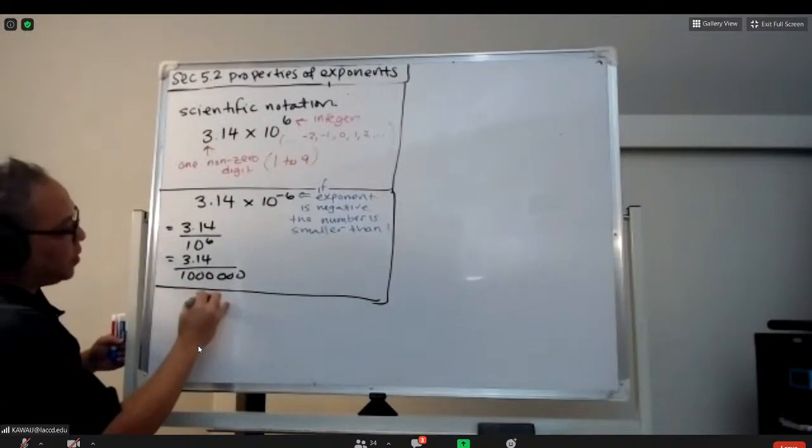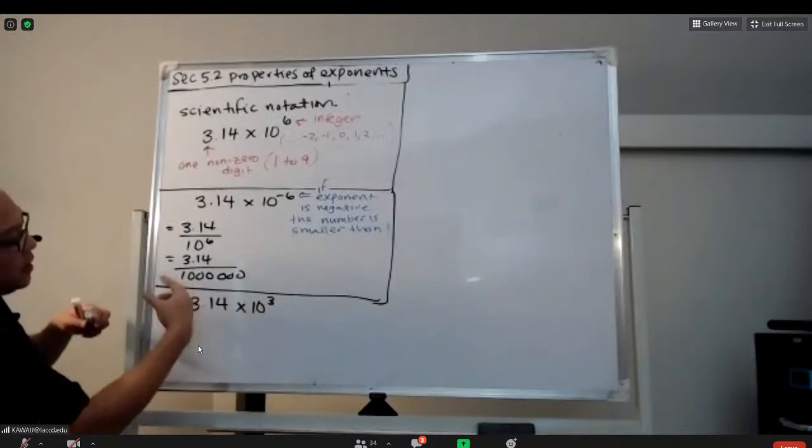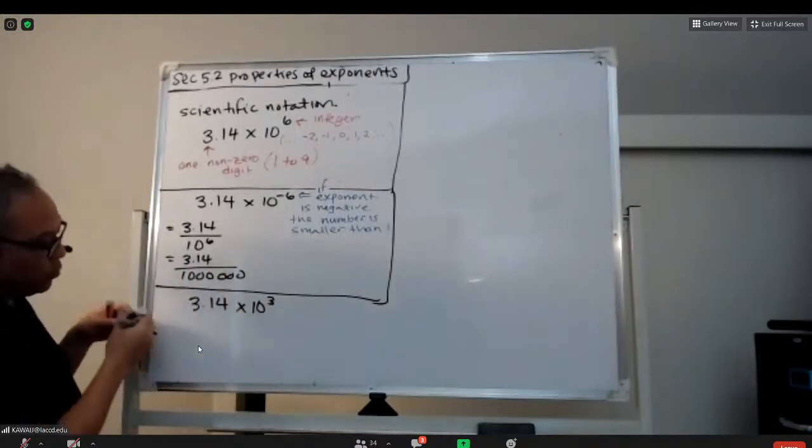Now, if I have 3.14 times, if this is a positive exponent, this number represented will be bigger than 1.